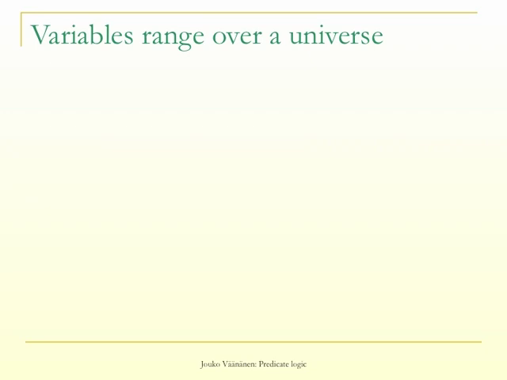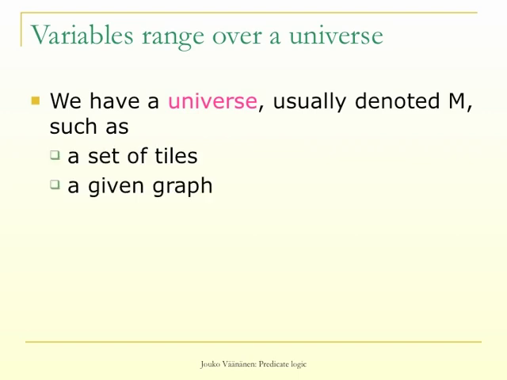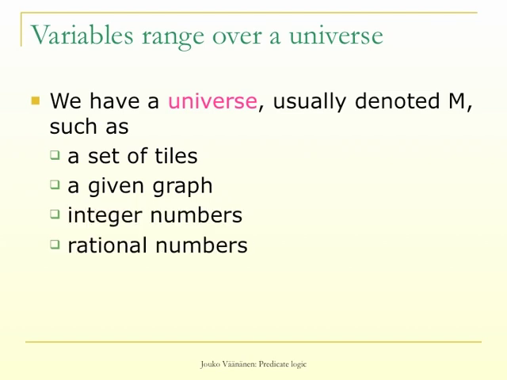Even if we know that E is the edge relation in a graph, we have to know which graph we are talking about, since there are lots and lots of different graphs. So let us assume we have a structure M with universe, also denoted by M, such as a set of tiles, the set of vertices of a graph, integer numbers, rational numbers, or something like that.